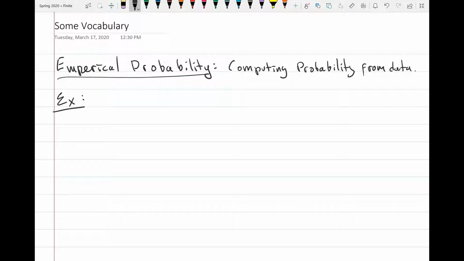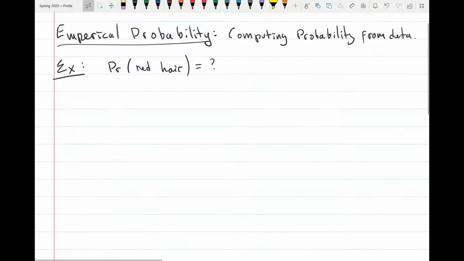Suppose you want to figure out the probability of having red hair in the United States. So the probability that a random person from the United States has red hair. Well, asking every one of the 300 million people what color their hair is would be a lot of work.